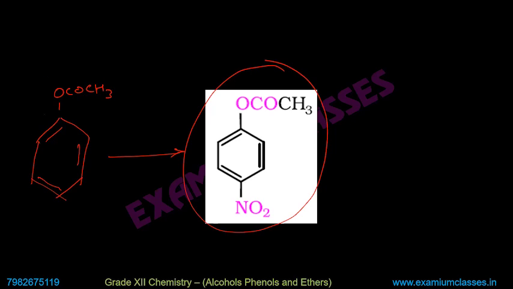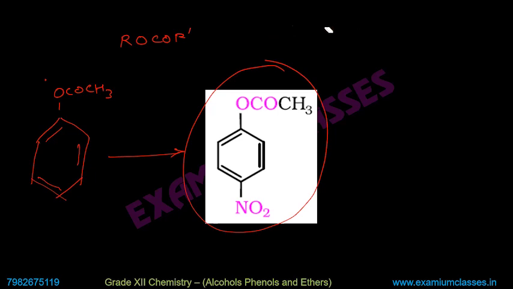This is phenyl methanoate. It is also written as COOCH3. Esters are written like ROCOR or RCOOR.